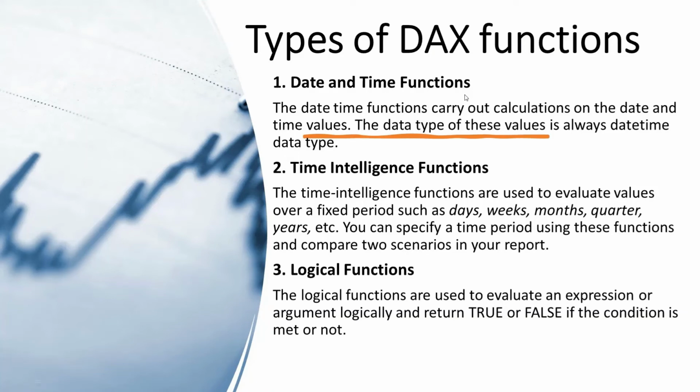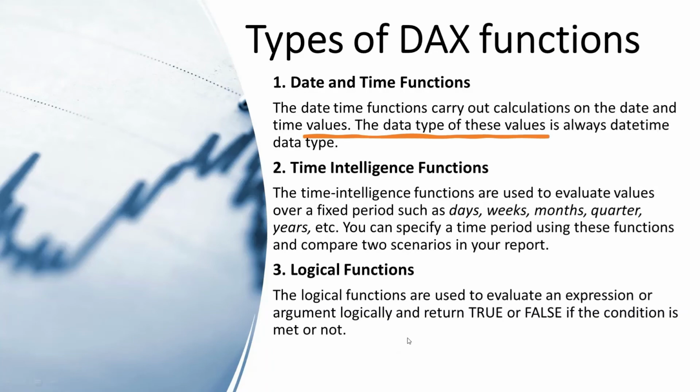The second type of DAX functions are time intelligence functions that I talked about earlier. The time intelligence functions are used to evaluate values over a fixed period such as days, weeks, months, quarters, years, etc. Then we have logical DAX functions.